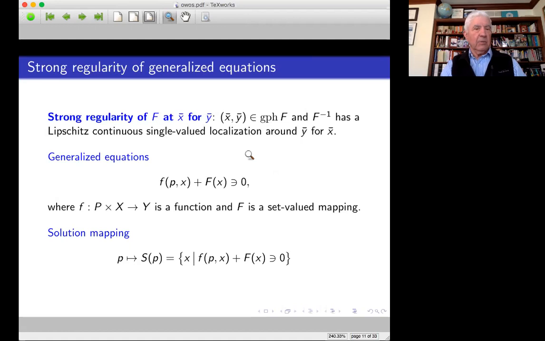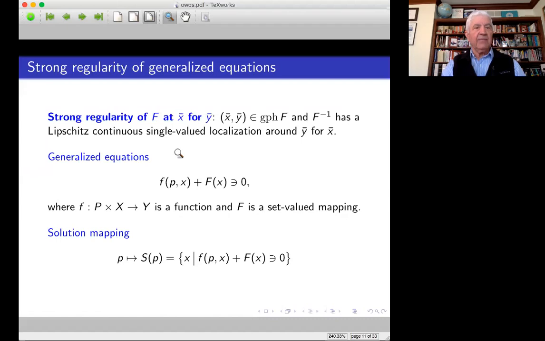Okay, so later it was realized that the Robinson theorem works not only for variational inequalities, but for any inclusion of this form, a function plus a set-valued mapping, where the set-valued mapping could be basically anything.